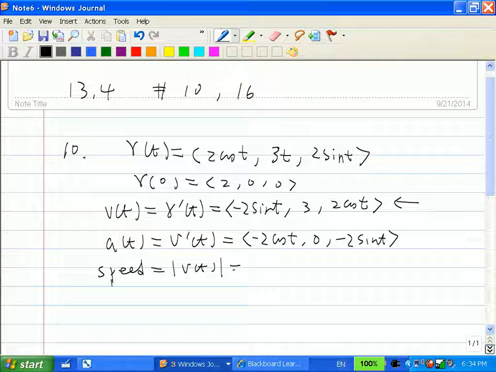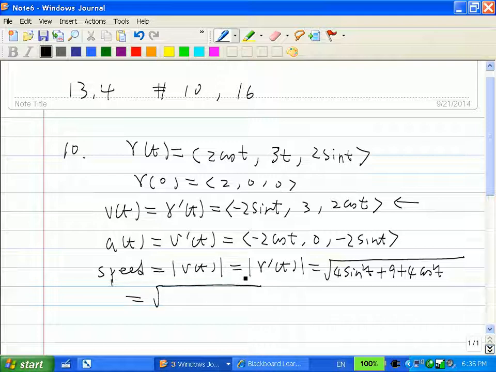So that is the magnitude of r prime of t, which equals the square root of the first component squared, 4 sine squared t, plus the second component squared, 9, plus the third component squared, 4 cosine squared t. 4 sine squared t plus 4 cosine squared t gives you 4, and 4 plus 9 gives you the square root of 13. That is the speed.